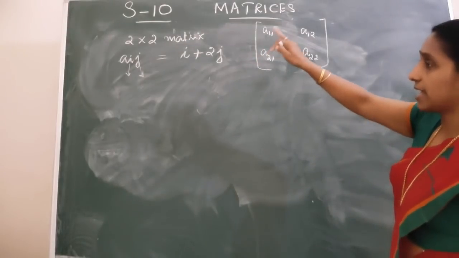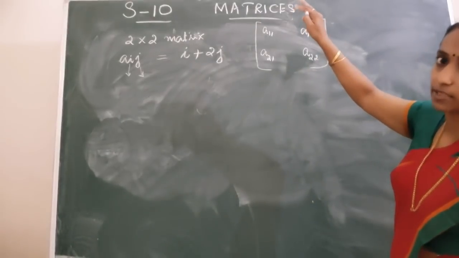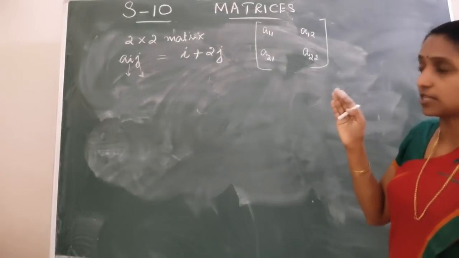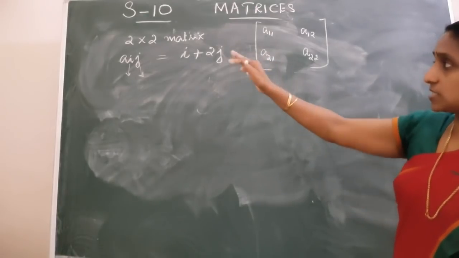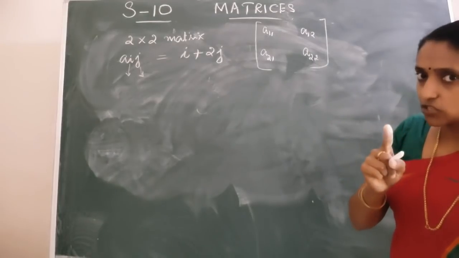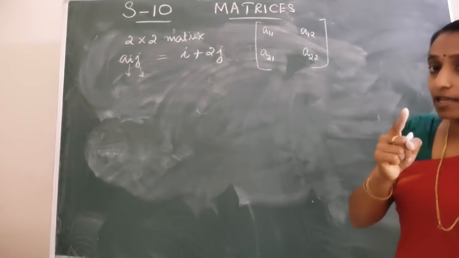So Aij is the general format of constructing the elements inside the matrix. The general form is Aij, where i indicates the row and j indicates the column.